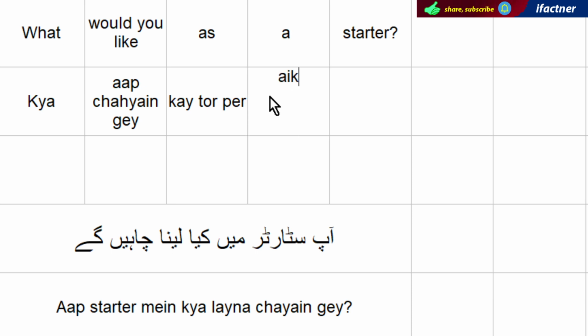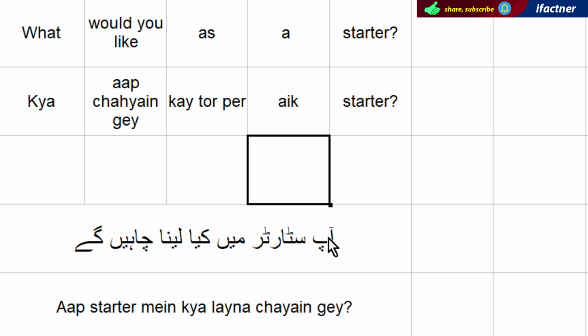A is एक and starter is starter. Now to form an Urdu sentence, we will start with the subject, then comes the object, then the question word, and then the verb.